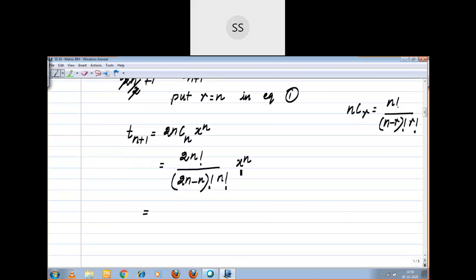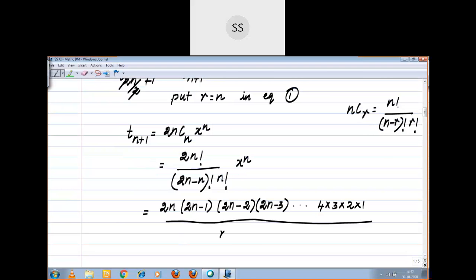Now, 2n factorial, you are going to expand that too in the reverse order in the numerator. 2n into 2n minus 1 into 2n minus 2 into 2n minus 3, etc. 4, 3 into 2 into 1.